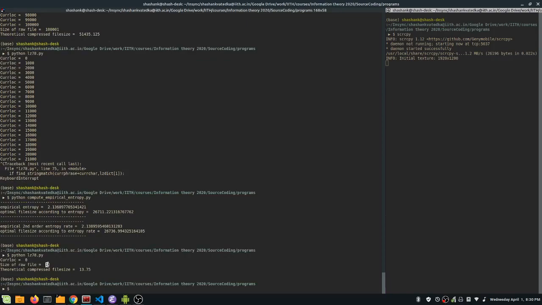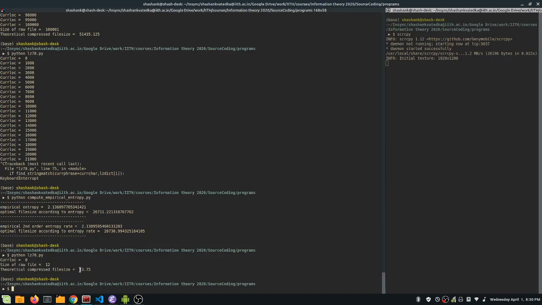The size of the raw file is 12 bytes, and if we compress using Lempel-Ziv, we can compute the number of phrases and look at the number of bits which are required to represent each phrase. The resulting compressed file size turns out to be around 14 bytes.